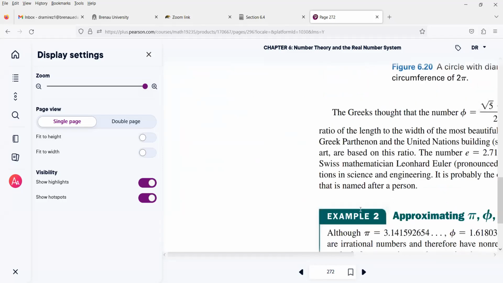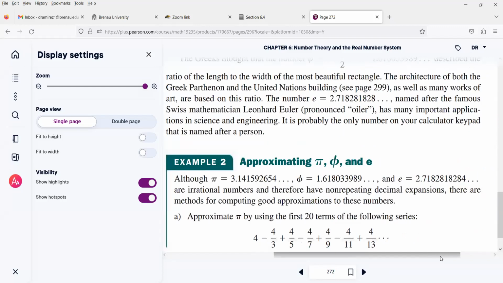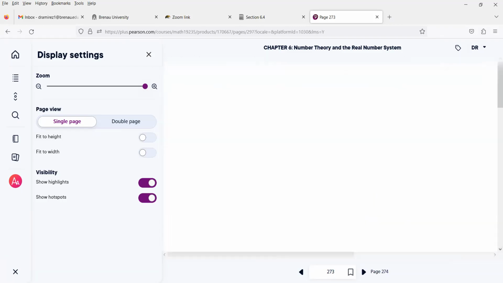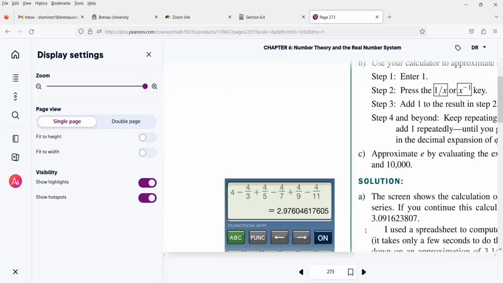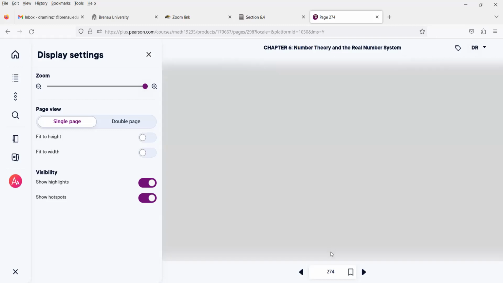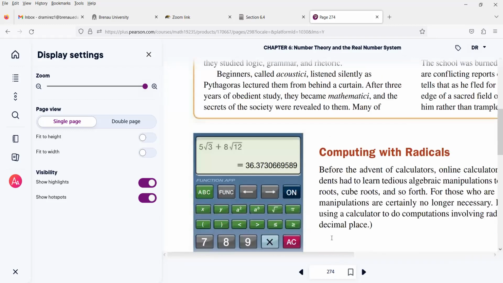And in example 2, they ask you to approximate rational numbers using series, that's again beyond the scope of this course. So I'm not going to go over examples 1 and 2. I'm going to start with example 3, where all you need to do is approximate some of these numbers.